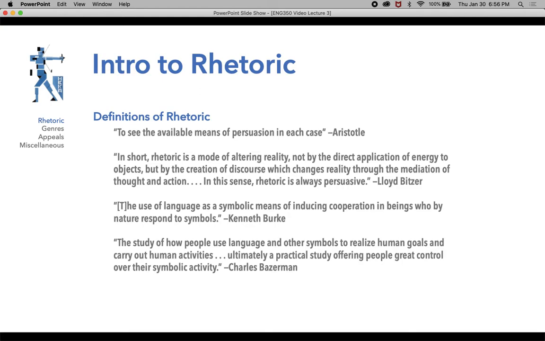First off, we need to get our heads around the idea of rhetoric itself. It's oftentimes misunderstood as a kind of seductive or unethical or empty speech, right? It's oftentimes discussed today in contrast to, say, reason or responsibility, and that's obviously not at all what we mean by that.